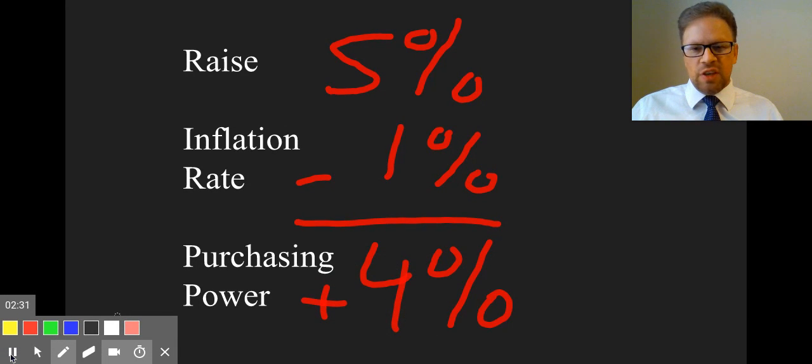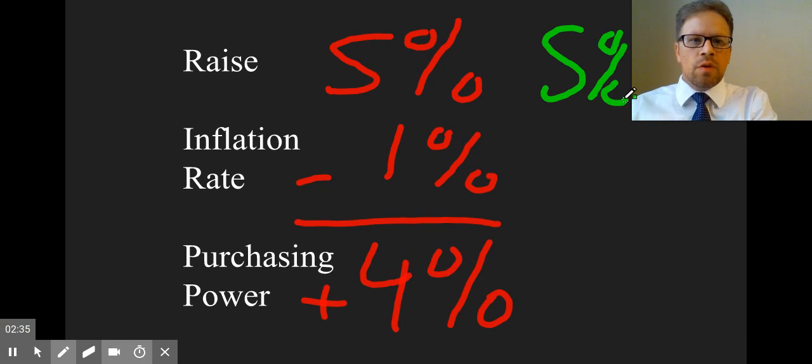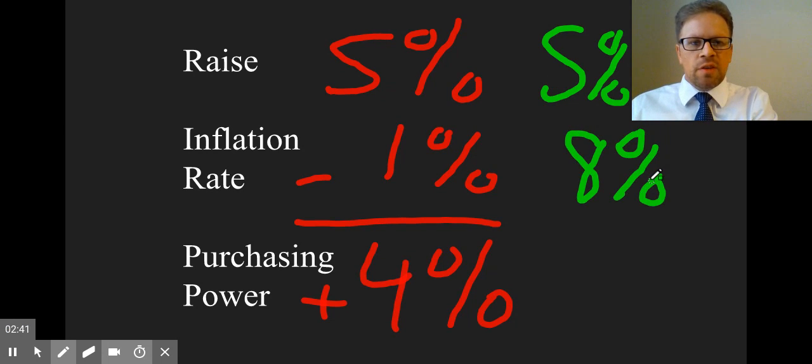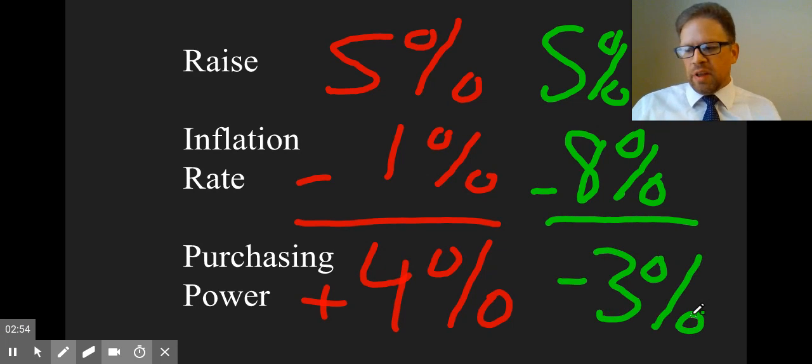But if you receive, let's say, the same 5% raise, but this time with an inflation rate of 8%, what's going to happen to that purchasing power this time? Again, we use a tough mathematical operation called subtraction. So if you take 5 minus 8, that means your purchasing power has decreased by 3%.